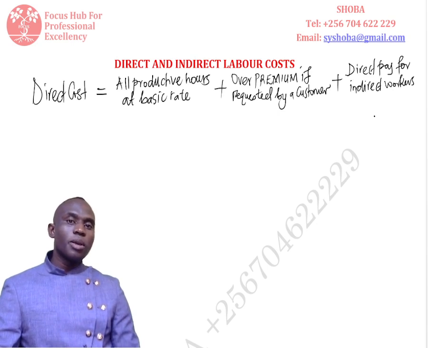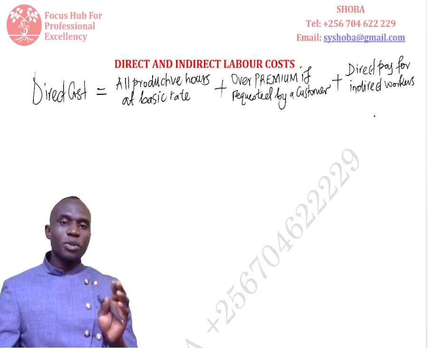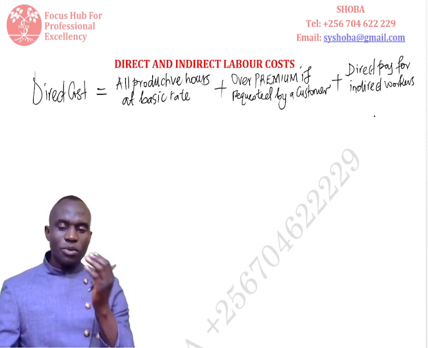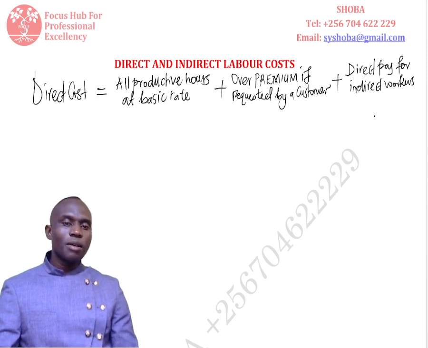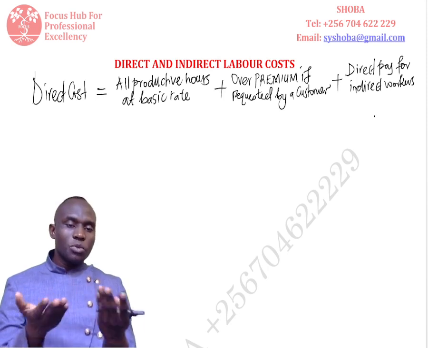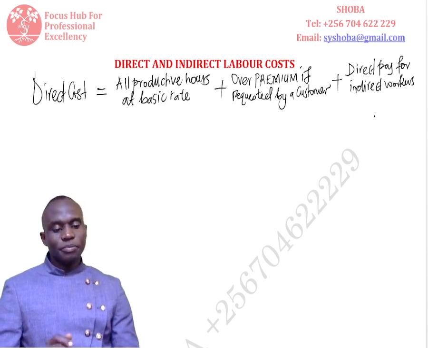So you see the payment we are paying them is directly linked to the production of the units, but their nature is they are indirect workers because their duty is to clean the company, and cleaning the company is not linked to the production of the units. But when we call them to do the actual production, it means we are paying them because of the production. So it means it becomes a direct cost.